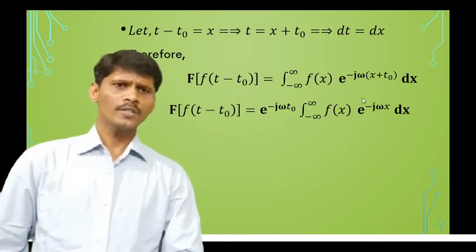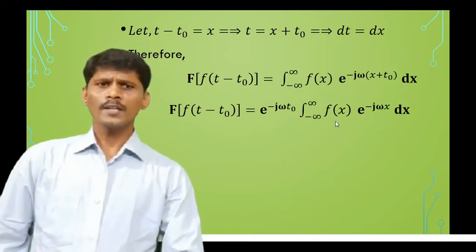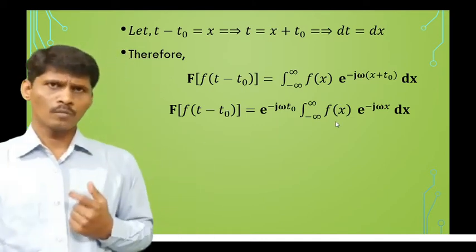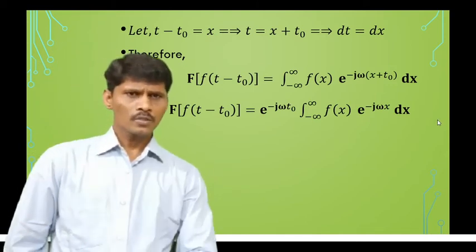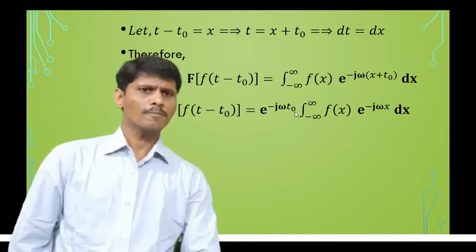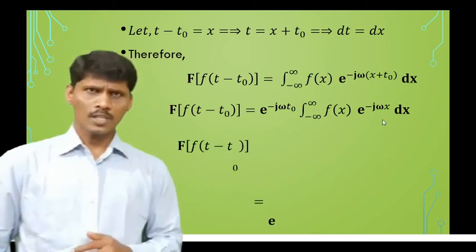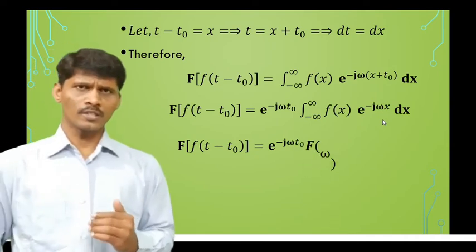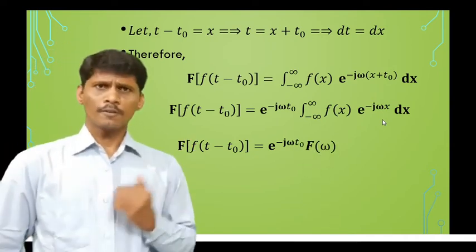It is the Fourier transform of f of x, which is F of omega. So this integral value is F of omega. Hence the Fourier transform of f of t minus t naught is equal to e power minus j omega t naught into F of omega.